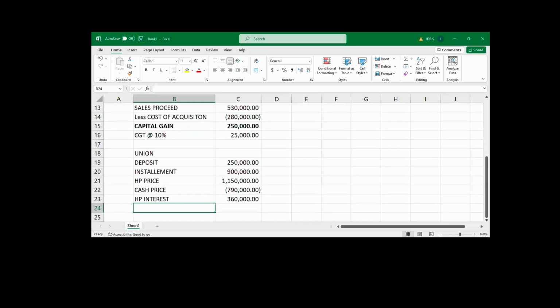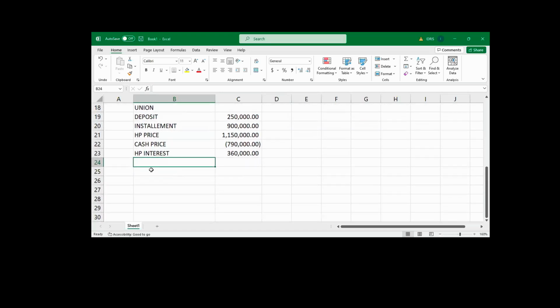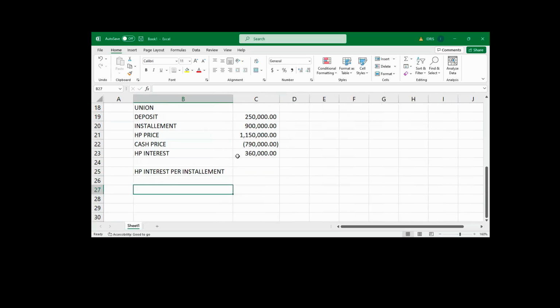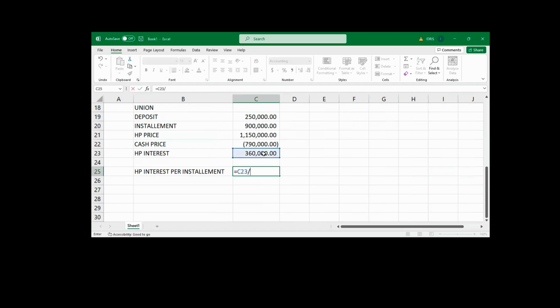So let's calculate the hire purchase interest per installment. How do we get that? 360,000 divided by 36. That means 10,000 per installment.